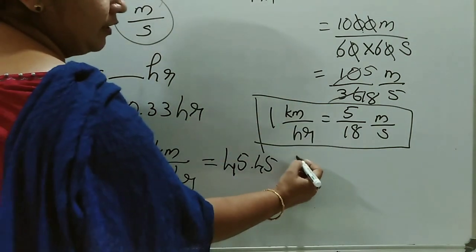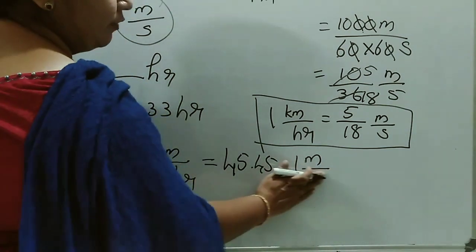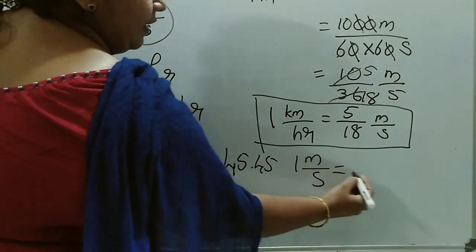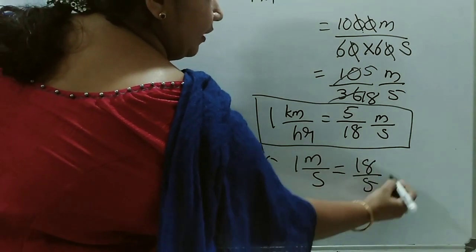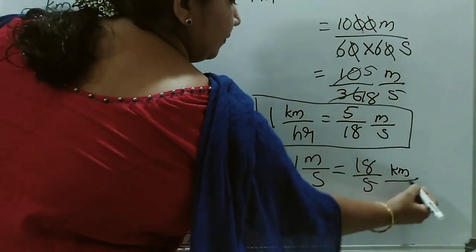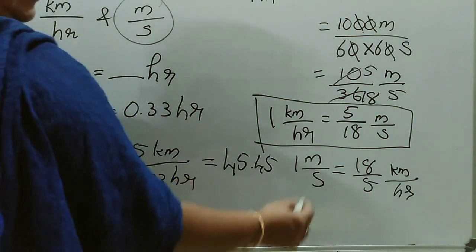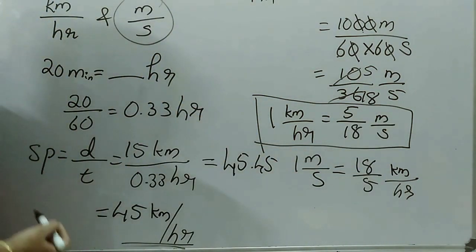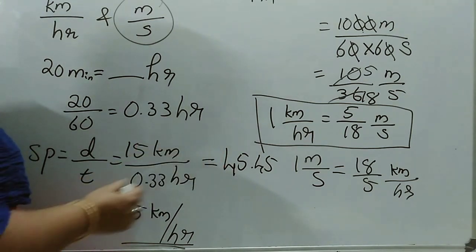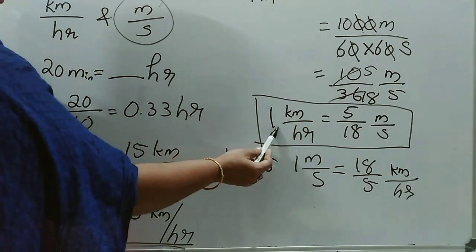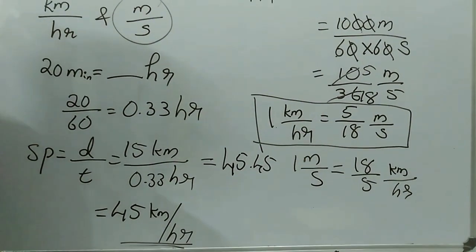If you are asked to convert 1 meter per second to kilometer per hour, it is just the inverse, 18 by 5 kilometer per hour. So if you want to convert meter per second to kilometer per hour, just multiply the given quantity by 18 by 5. If you want to convert 1 kilometer per hour to meter per second, multiply by 5 by 18.